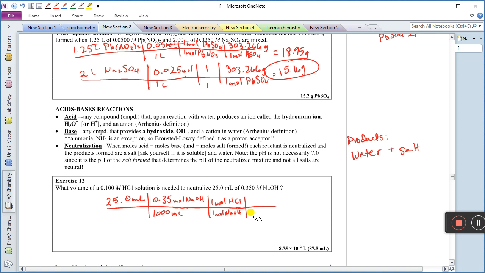Liters, which means I need to use my molarity. Where's my 0.1 going to go? On the bottom. And then we'll just put 1 liter of HCl. Put 1,000 milliliters. Well, what's it want our answer in? Liters. Oh, we already technically converted it. Right. So here, as long as these match, it's okay. You can then use liters over here.